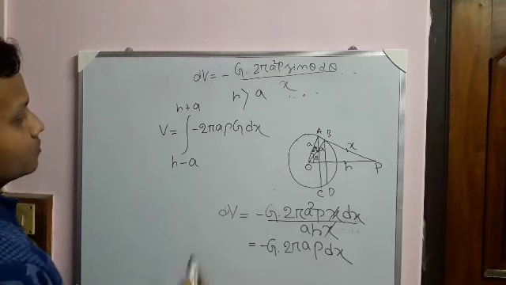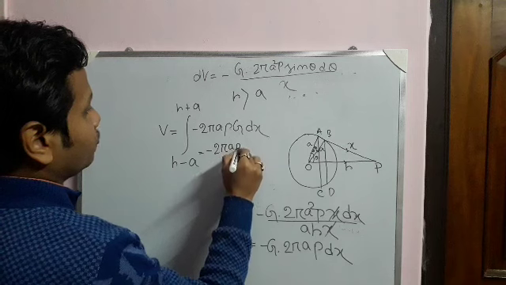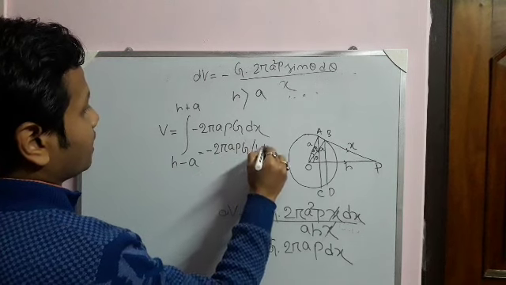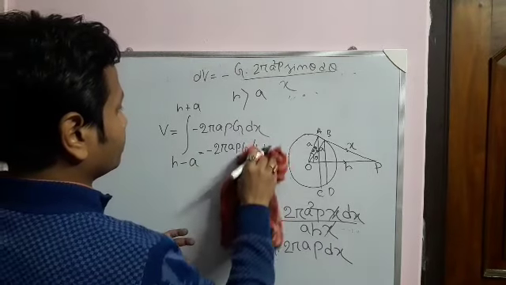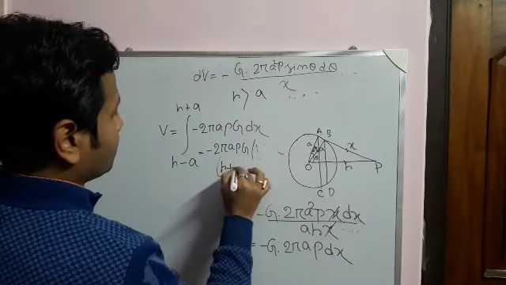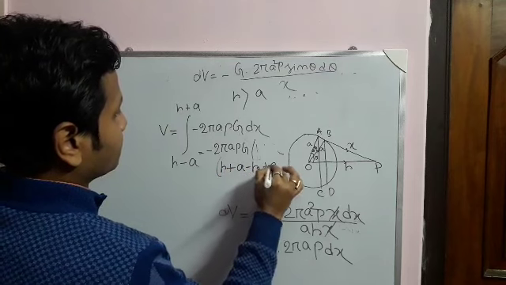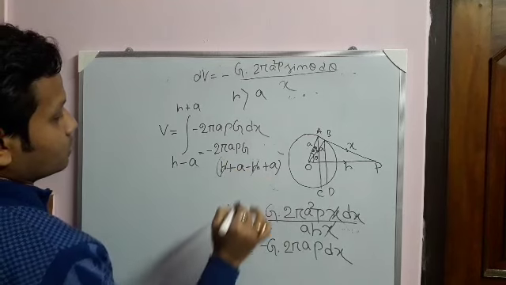So if we simplify it, minus 2 pi a rho g, it would become r plus a minus r plus a, okay? So what would be the result?